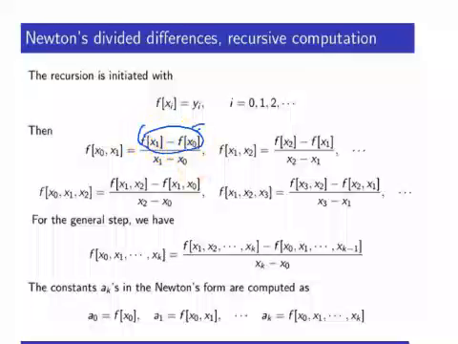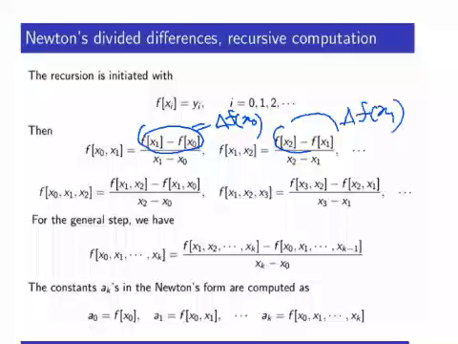This would be delta, the first order forward difference of f of x0, and this one the forward difference of x1, and so on, right?